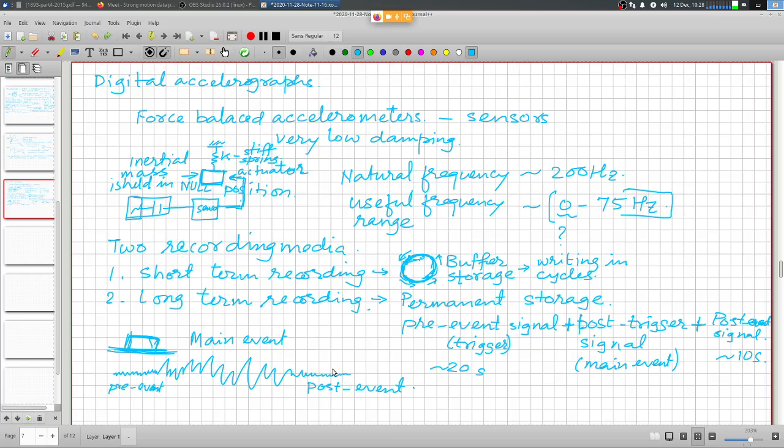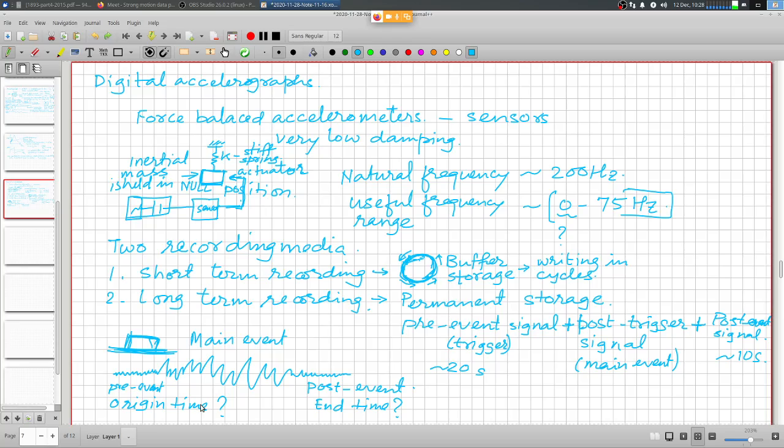Now the point is, how do I determine those origin and end times? So how do I determine that? For this, obviously we cannot be very precise.